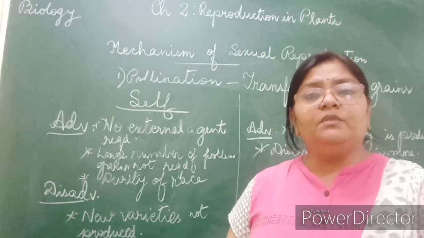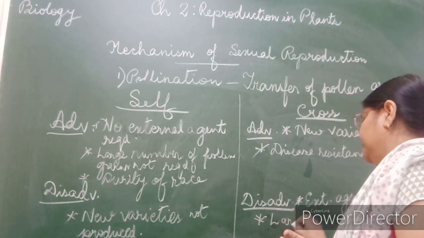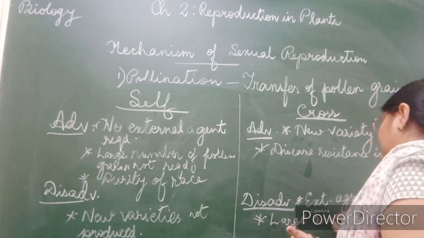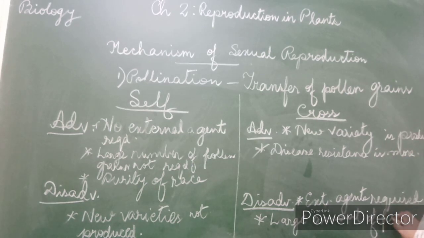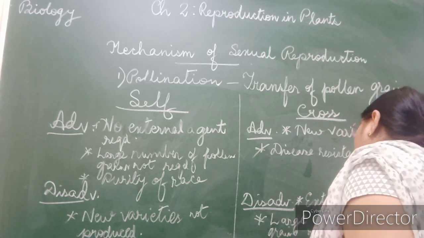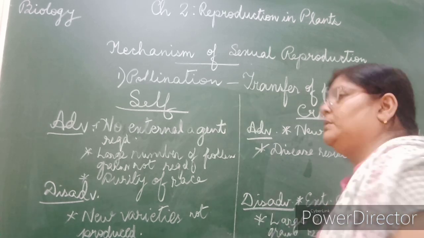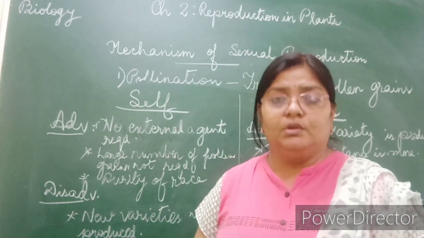So there will be a lot of wastage too. Therefore, a large amount of pollen grains is required. So the amount of pollen produced in a cross-pollinated flower is also more.